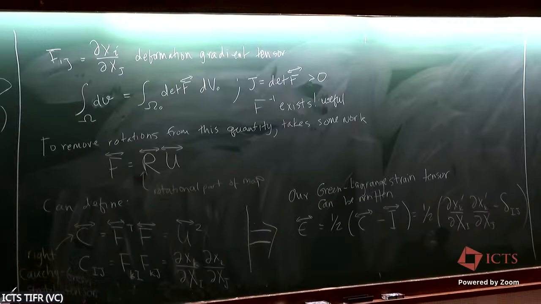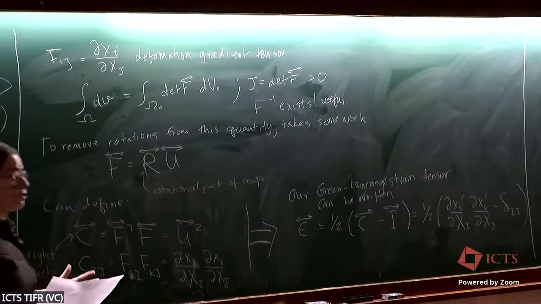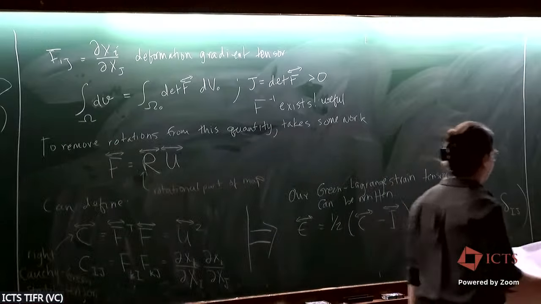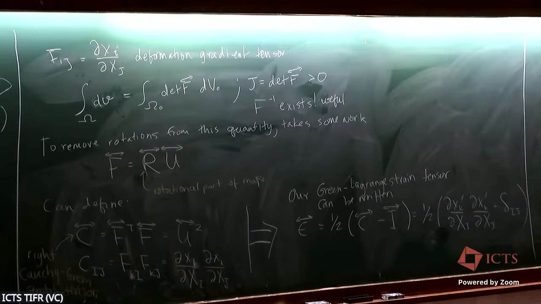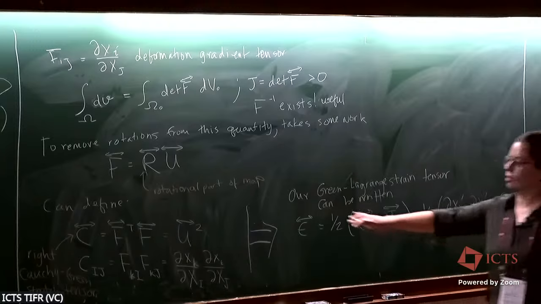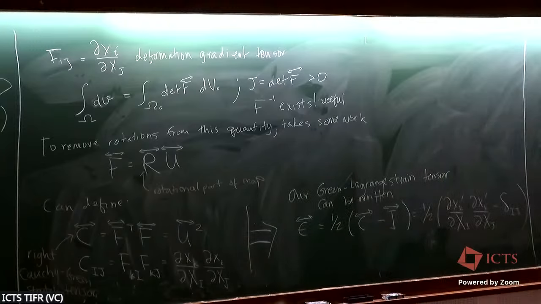So if the same information is contained in both, why bother with this deformation gradient tensor? There are lots of good answers to that question. There are lots of advantages that this mathematical object has. The one that I will discuss here is the way in which the community has used the deformation gradient tensor to create a theory of morphoelasticity. The elasticity of growth is typically defined in terms of this object.